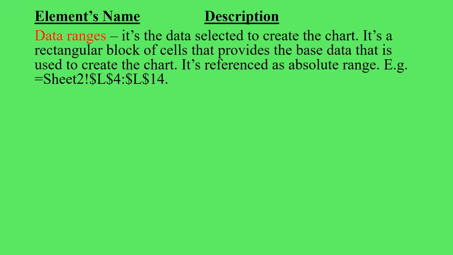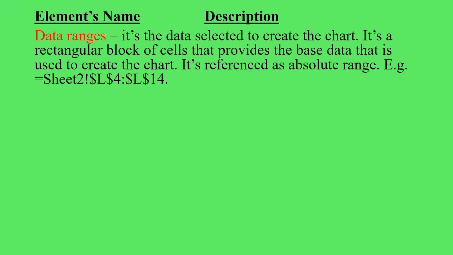So what does each of those parts do? We begin with the data ranges. Data ranges is the data collected to create the chart. It's a rectangular block of cells that provides the base data that is used to create the chart. It is referenced as absolute range.